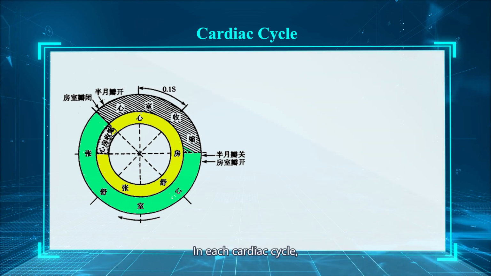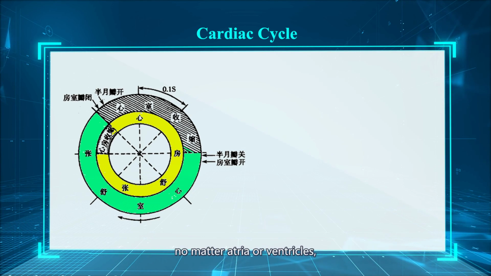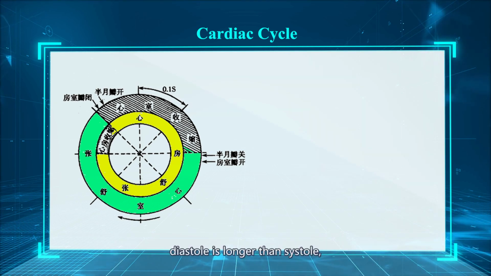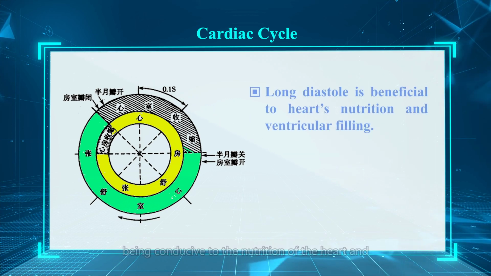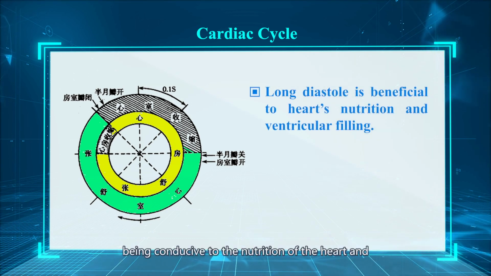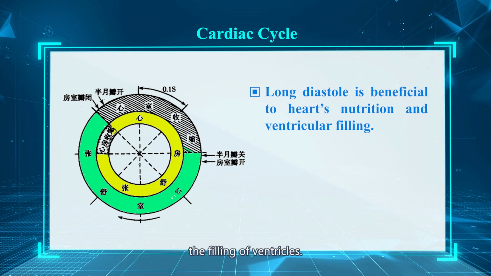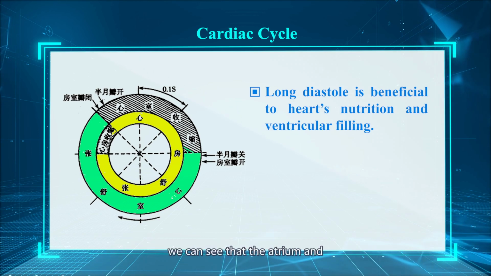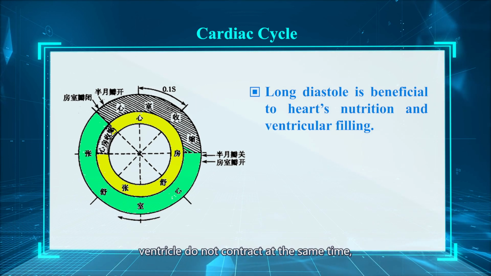In each cardiac cycle, no matter atrial or ventricles, diastole is longer than systole, being conducive to the nutrition of the heart and the filling of ventricles. From the figure, we can see that the atrium and the ventricle do not contract at the same time.